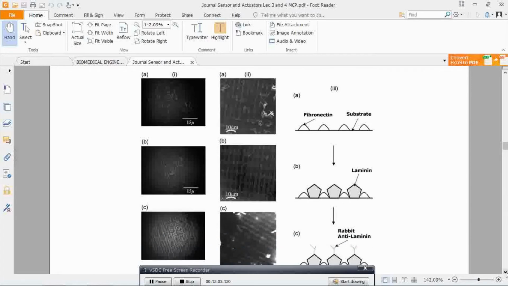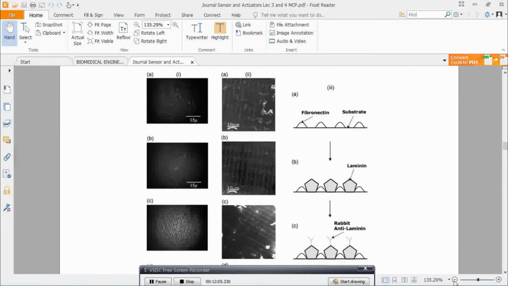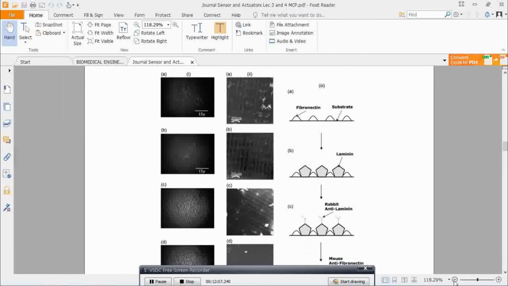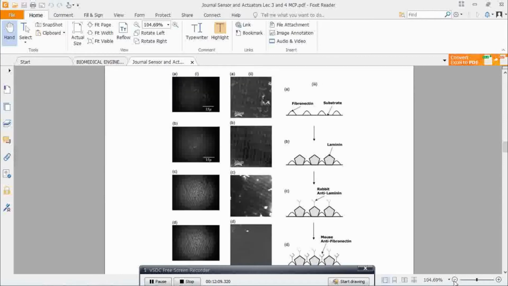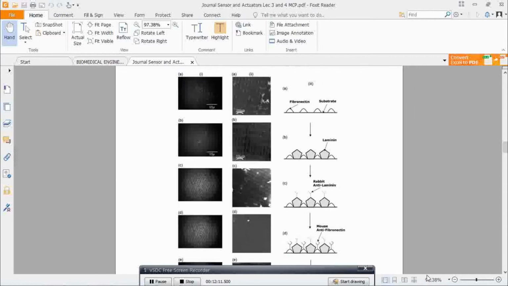This is the complete study that we have performed. I want to show you the full flow diagram. First, as I mentioned, we have deposited the fibronectin onto the surface.